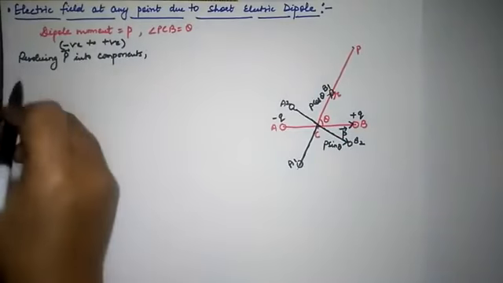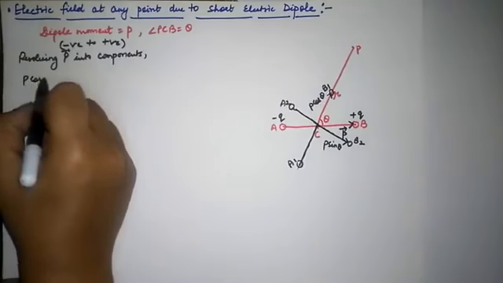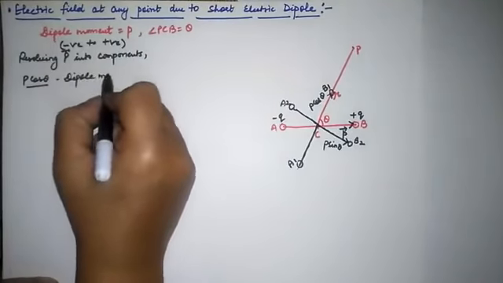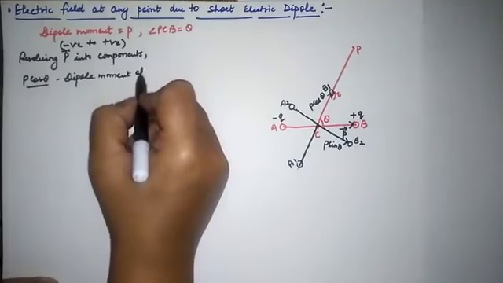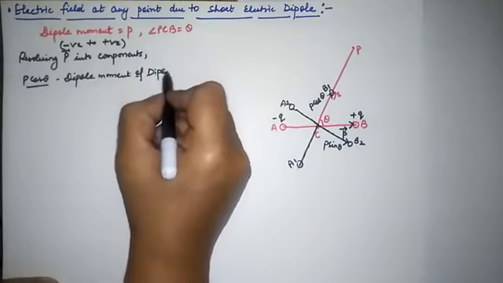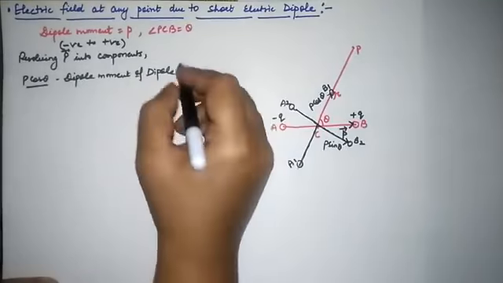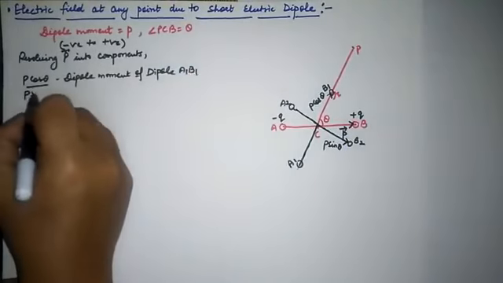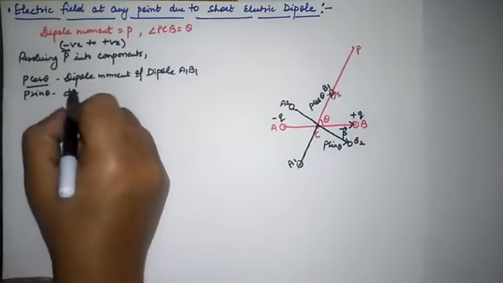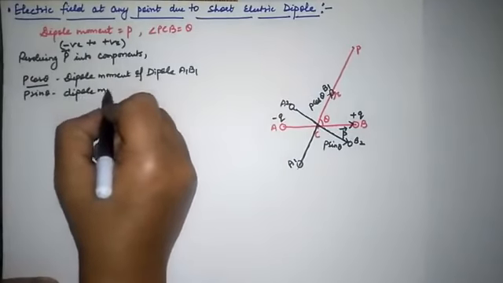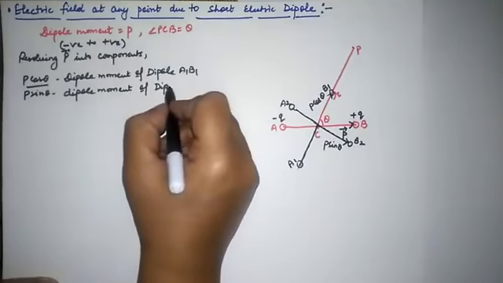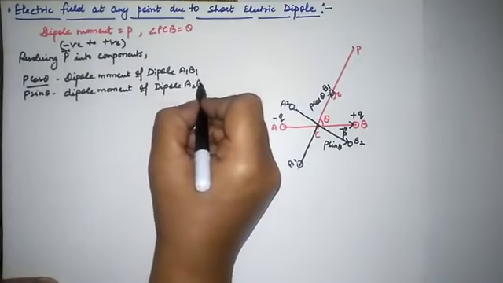So P cos theta is the dipole moment of dipole A1 B1 and P sin theta is the dipole moment of electric dipole A2 B2.